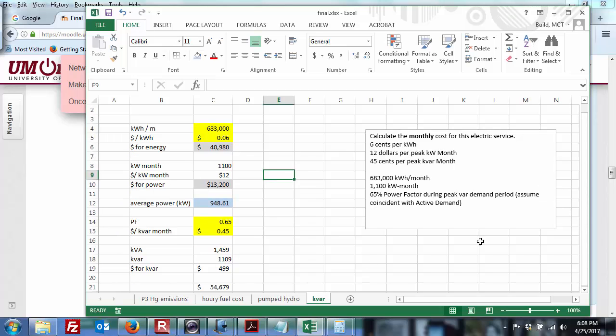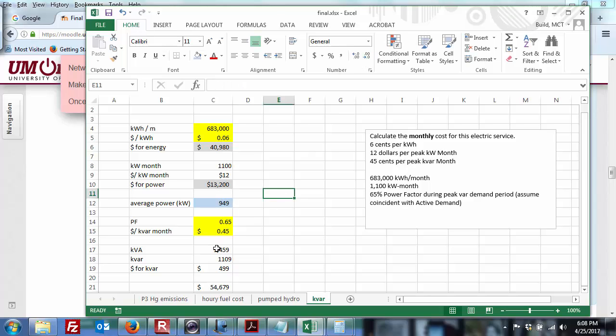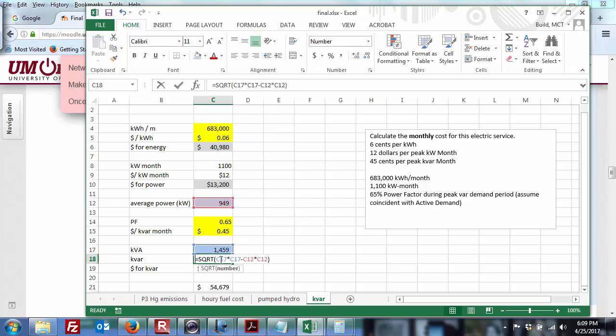And so then I just came up with sort of an average kVA, which is the average power divided by the power factor. So the kVA is always going to be greater. In this case, it's significantly higher. It's a very low power factor. So that's also calculated. So then our kVAR is just the Pythagorean theorem on the true power and the kVA, apparent power.